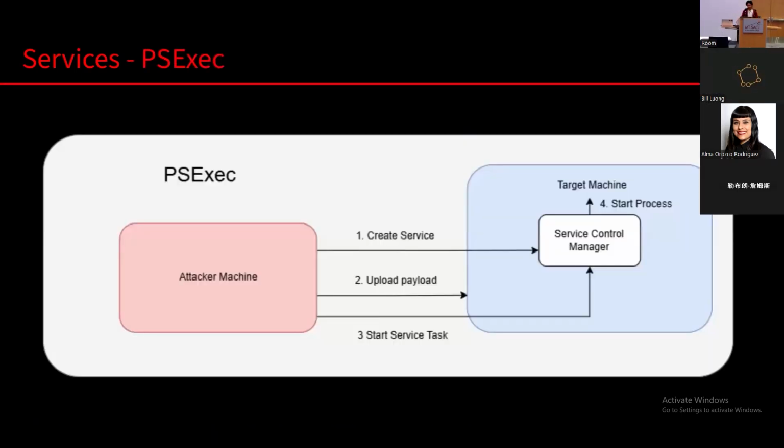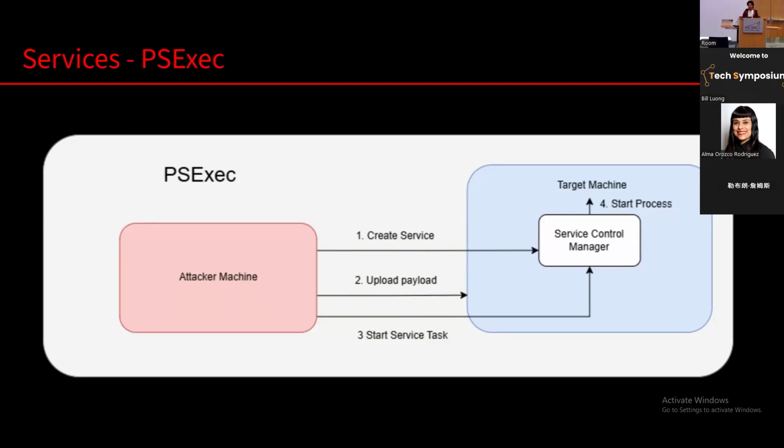The way PsExec, which is one variant of the tradecraft of service abuse that a lot of people refer to, actually works is from the attacker machine, you create a service on the target computer, and then after you create the service, you upload the payload. Technically, these could be done in any order.